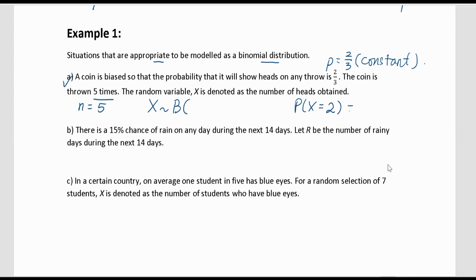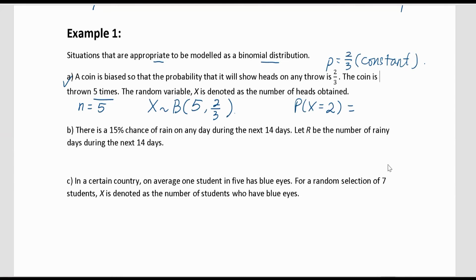What does it mean by this? It means that out of 5 throws at random, there are 2 heads out of 5. So this is a binomial distribution with the parameters n is 5 and the probability 2/3.